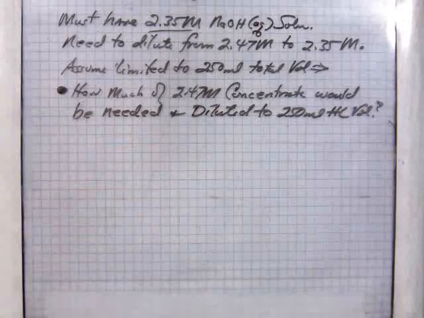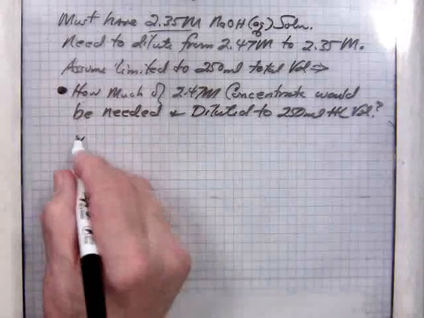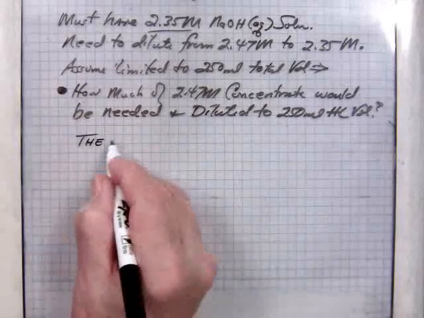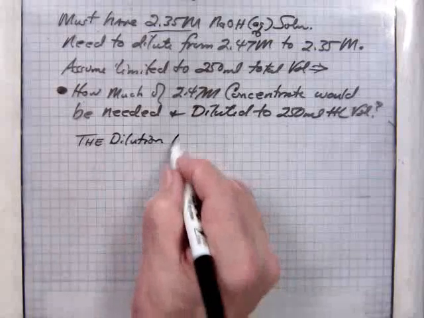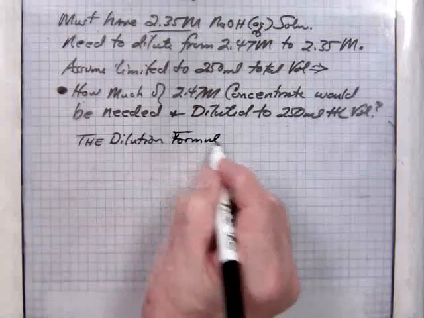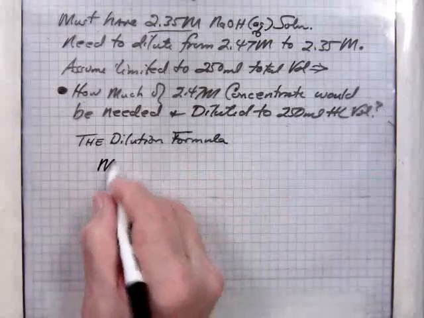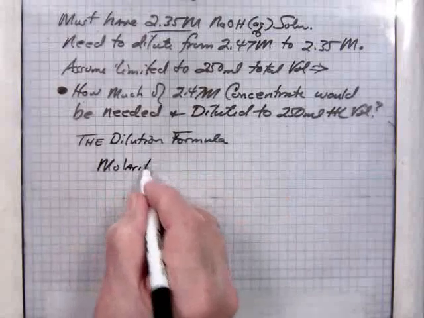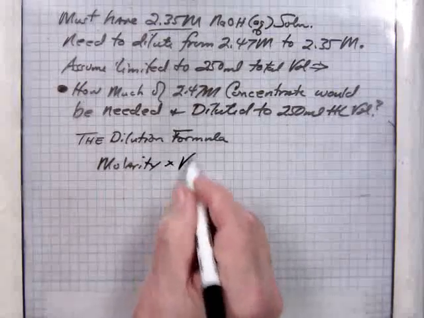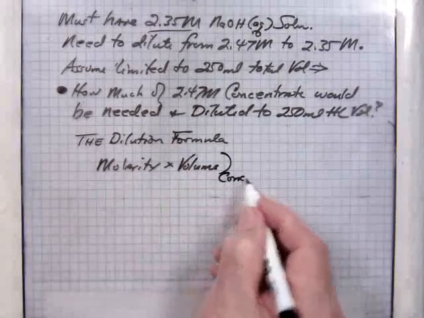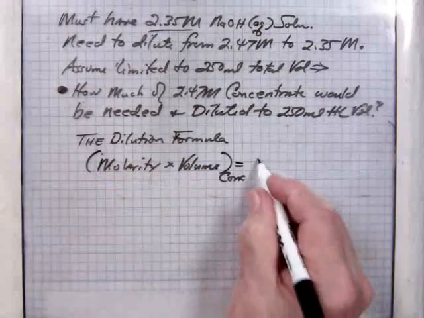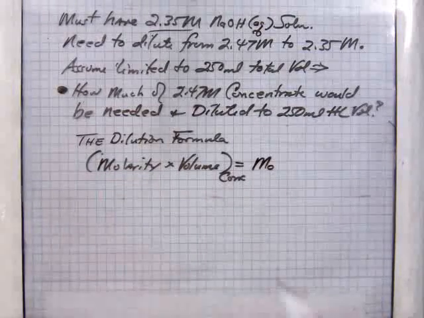It's called the dilution formula. Molarity times volume of the concentrate equals molarity times volume of the dilute.